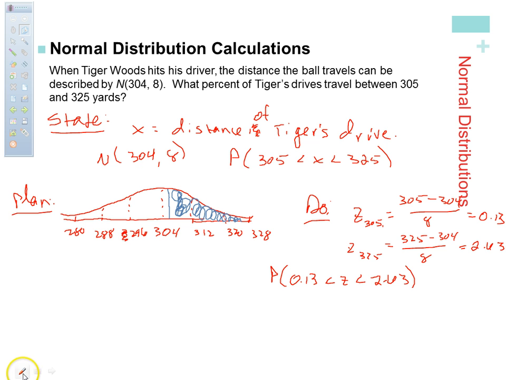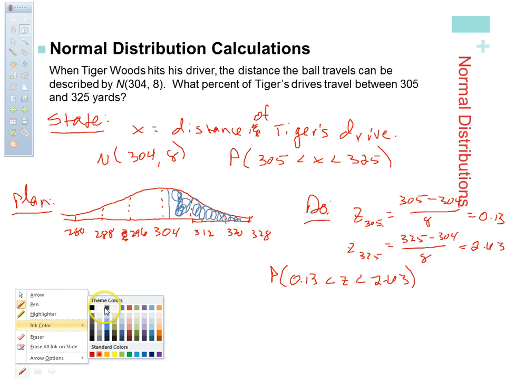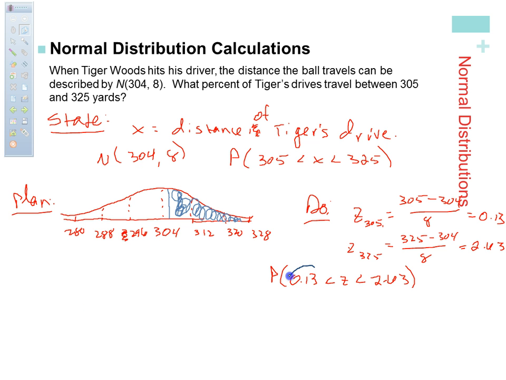What I do want to take just a second to make sure that you understand is that this z-score corresponds to this distance, and this z-score corresponds to this distance. These z-scores actually have a meaning. That being the case, then we've got to get into Table A and start trying to figure out how to piece this together.